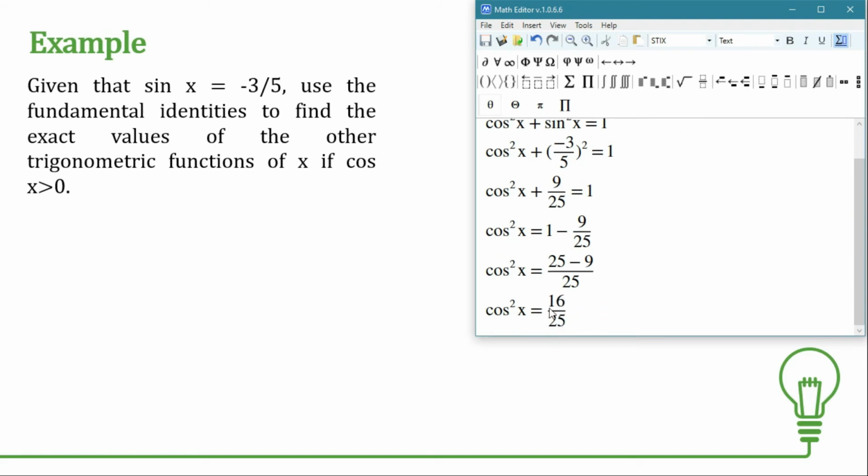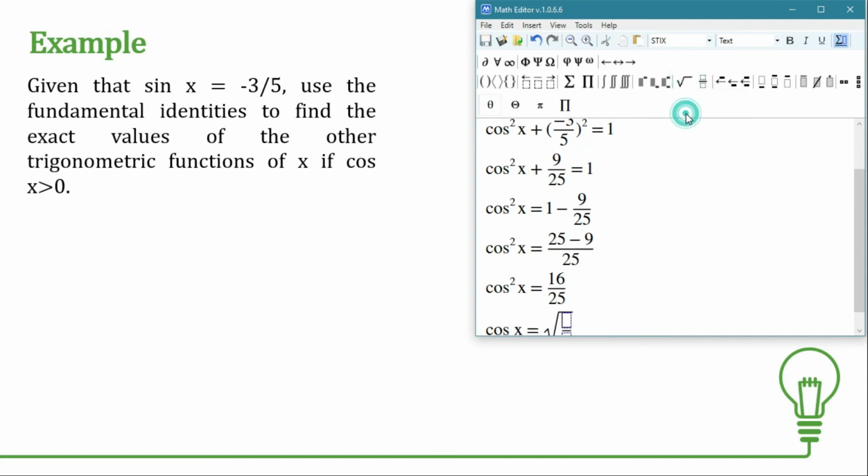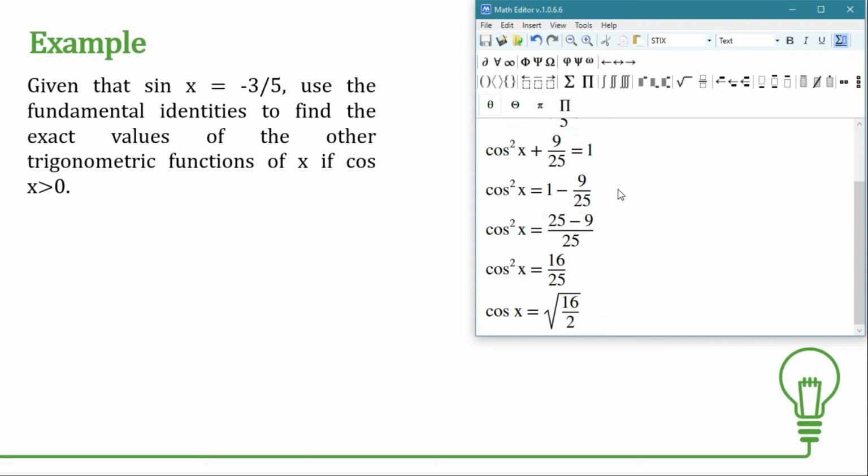But since hinahanap lang naman natin si cosine, what we're going to do to eliminate this exponent is for us to extract the root of both sides, making this cosine x equals the square root of 16 over 25.